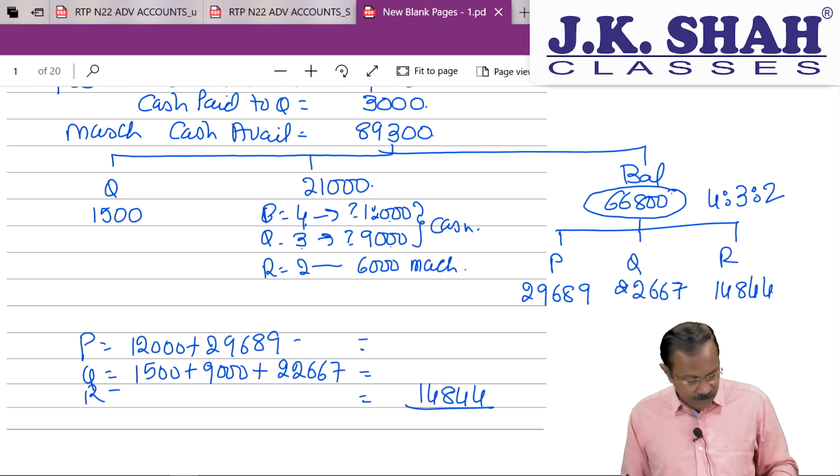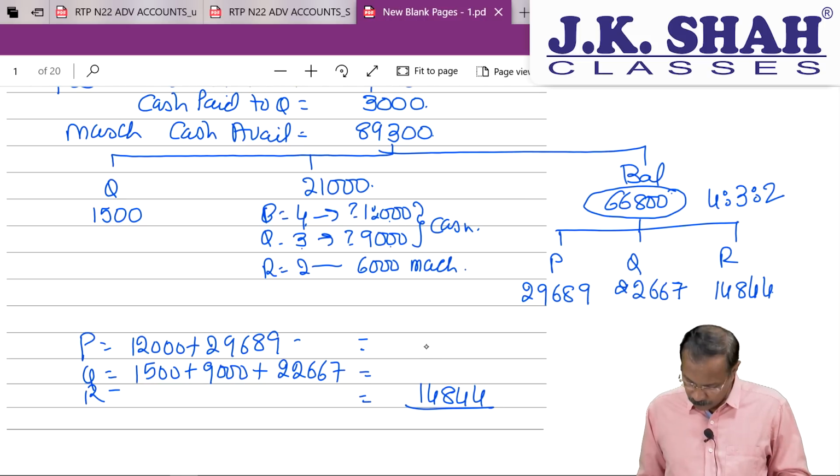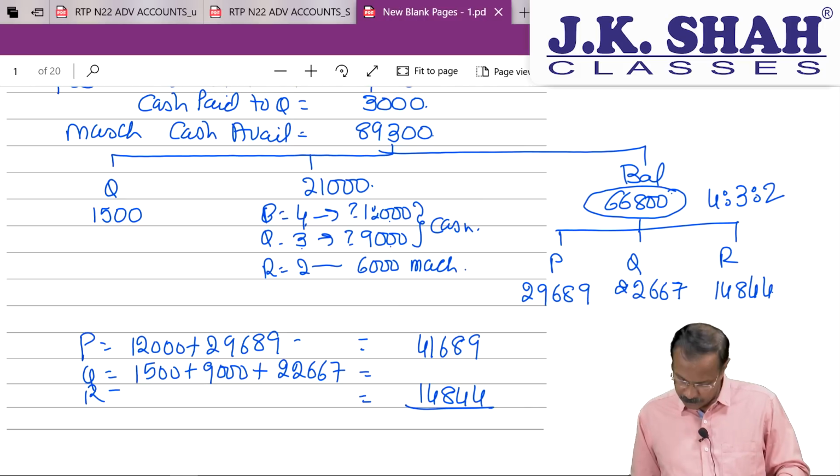Now use the calci. 12,000 plus 29,689 gives me 41,689. 1,500 plus 9,000 plus 22,667. That's 33,167. Add up the 3 figures just for cross verification.